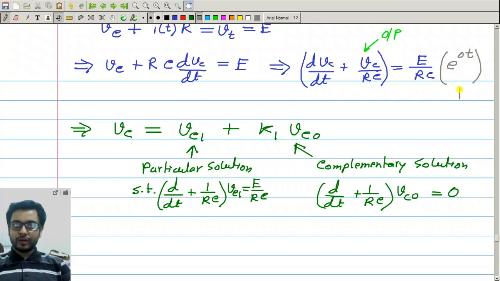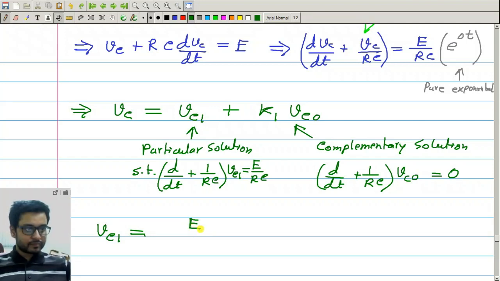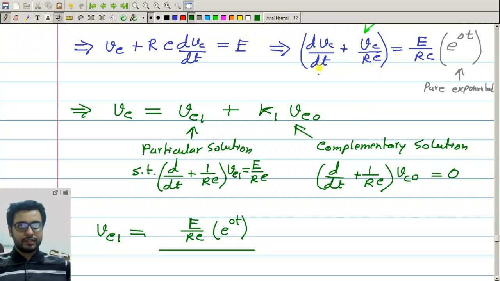So we have a pure exponential input, and for pure exponential input we can get a particular solution Vc1 in this way: input divided by this differential operator D plus 1 by RC with D equal to 0.